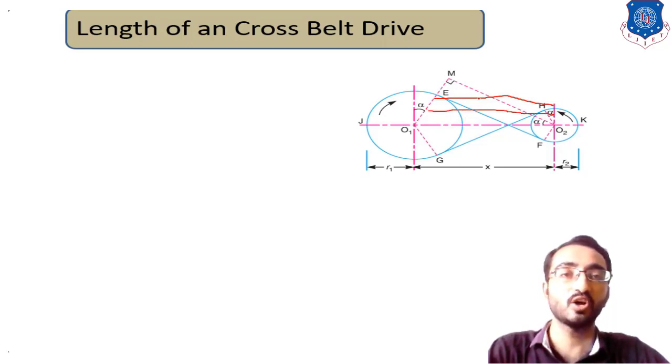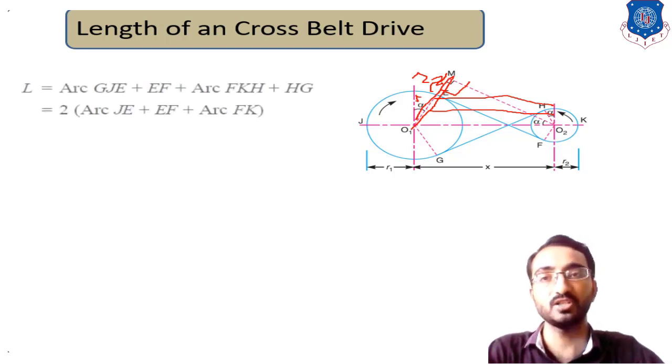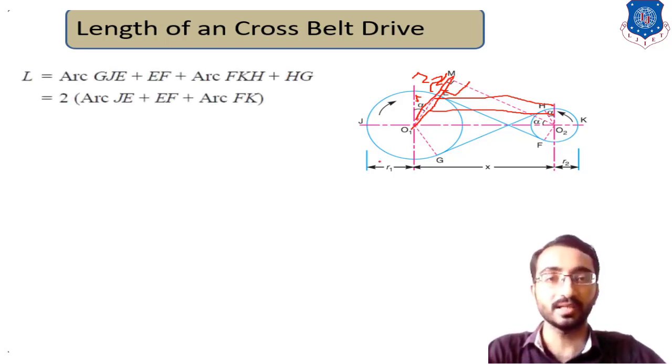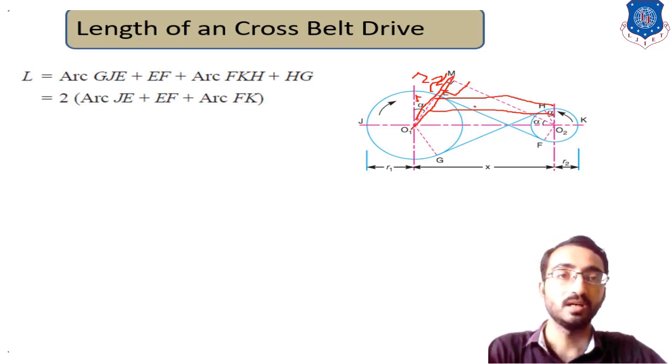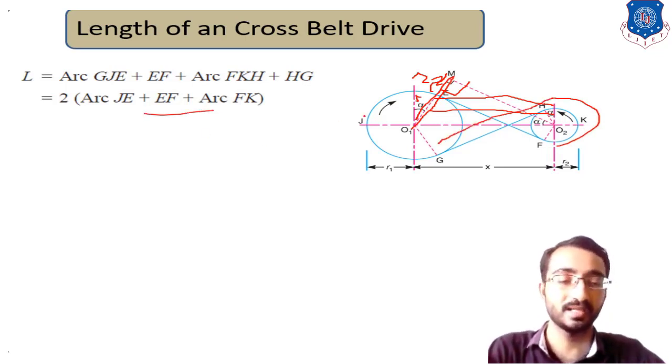But over here it is a cross belt drive, so your arrangement is made in such a way that now you have to get this perpendicular angle, you have to add this radius r1 and r2. By applying this simple change, you can again calculate that the total length is equal to arc GJE plus EF plus arc FKH plus GH. Again you can take it as symmetrical.